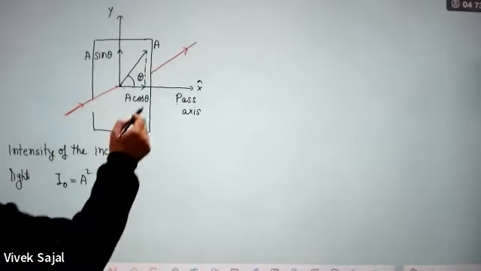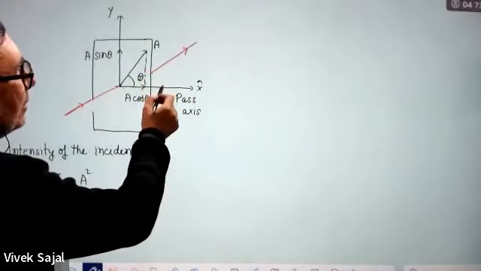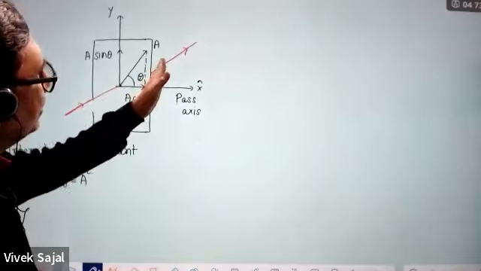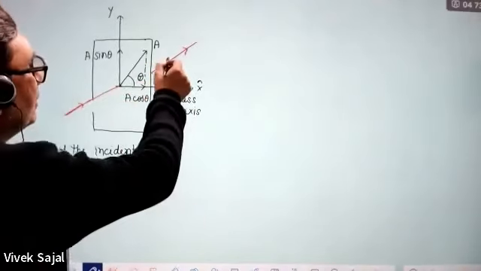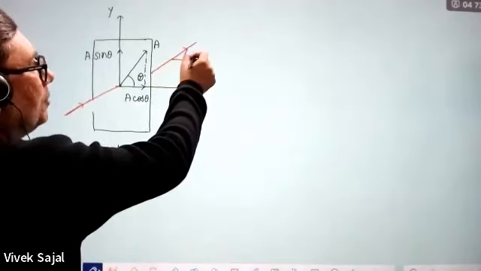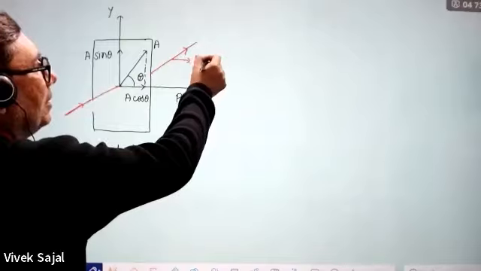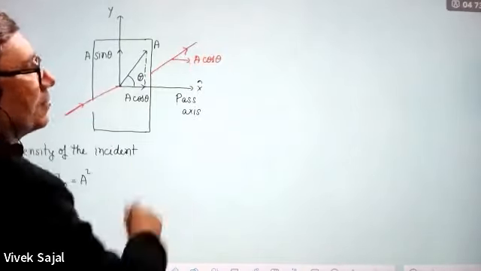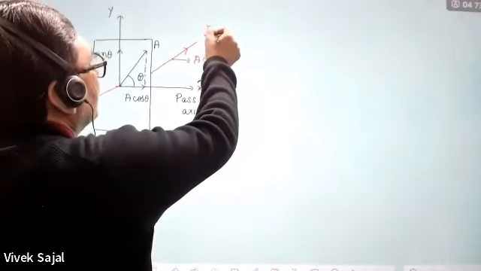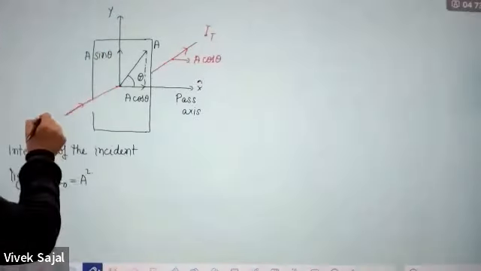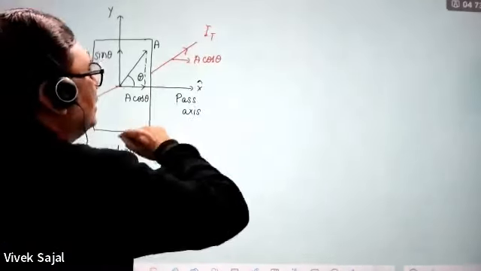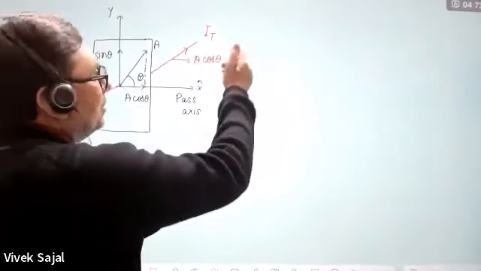Here you are going to have electric vectors which are parallel to this axis. Whatever the electric vector is here, the amplitude will be A cos theta. So what will be the intensity of the transmitted light? Here the incident light had intensity I naught, and this will be I T, the emerging, transmitted light.